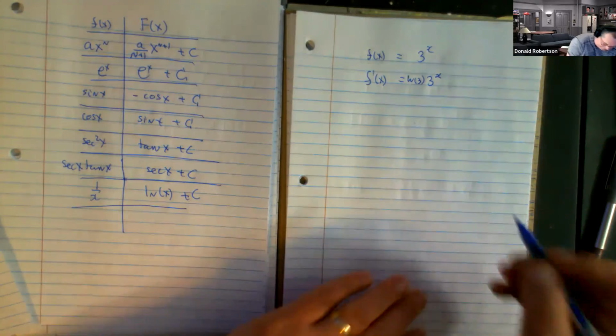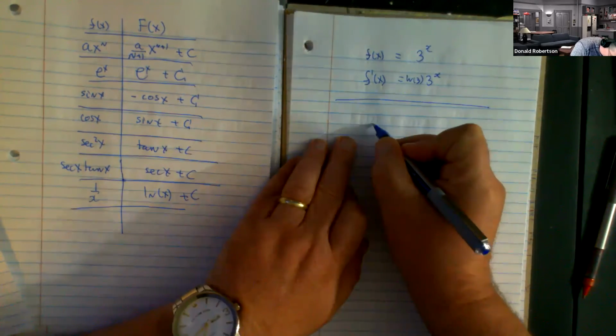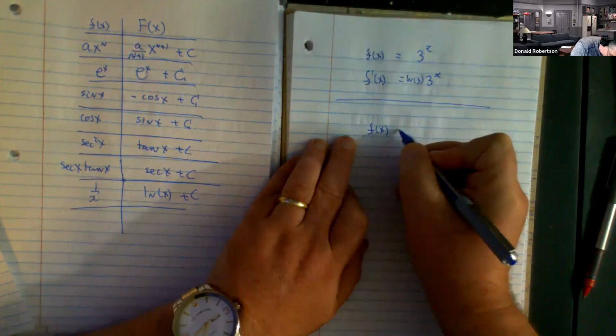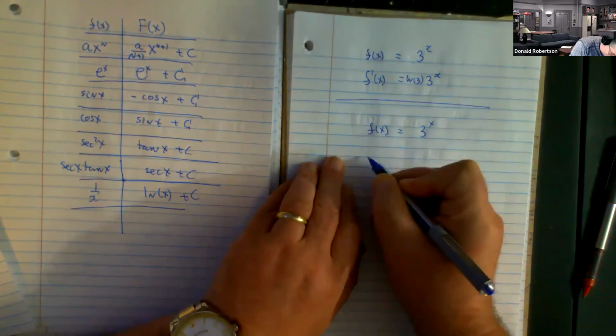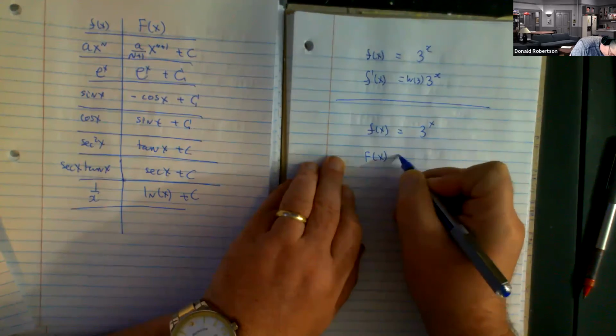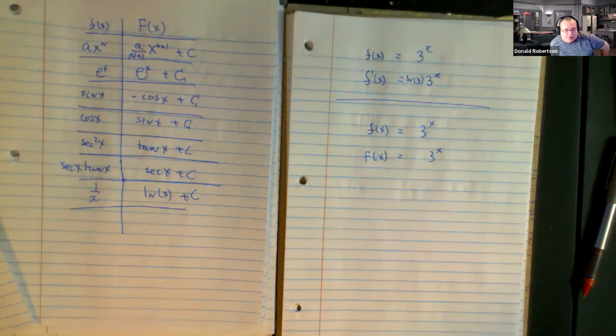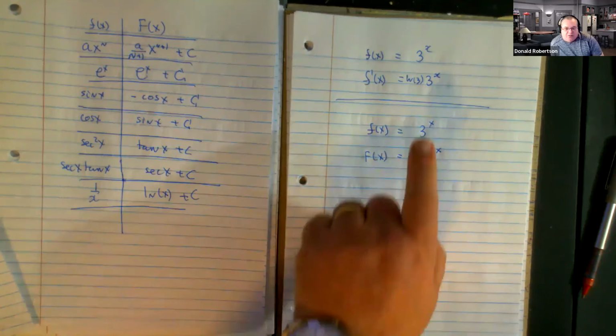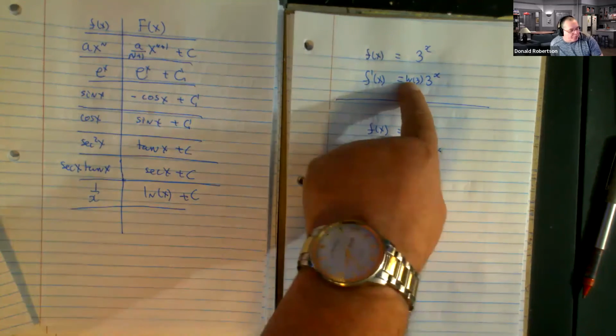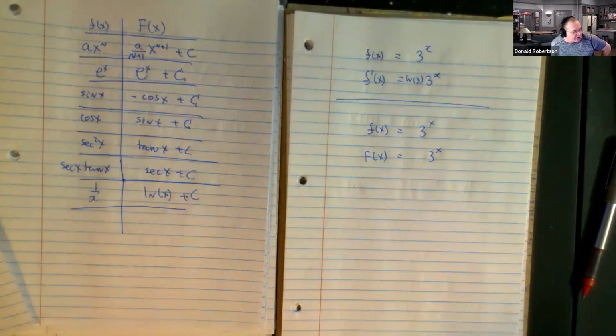Now, what do you think you do when you find the antiderivative of this? It's still going to be 3 to the x. What about the ln 3? Where do you think it goes? Divide by it.